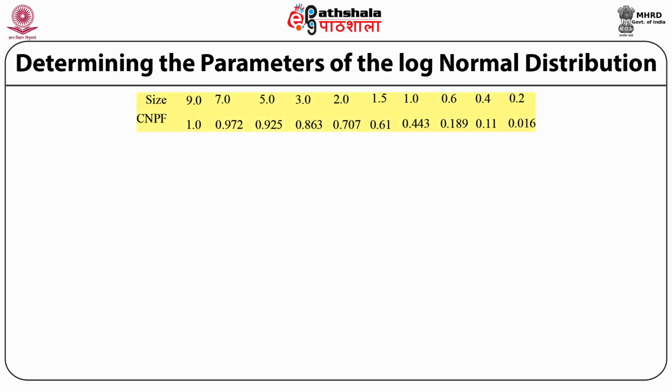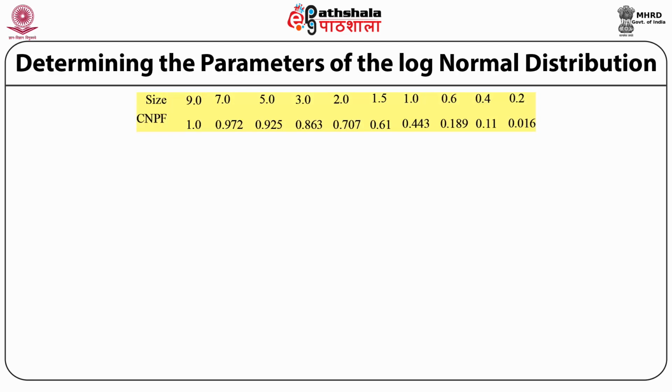Let's see an example for such calculation using logarithmic normal distributions. This example helps to determine the parameters of the particle size using ln distribution. This is the example of milled bauxite powder where the size and CNPF are given.